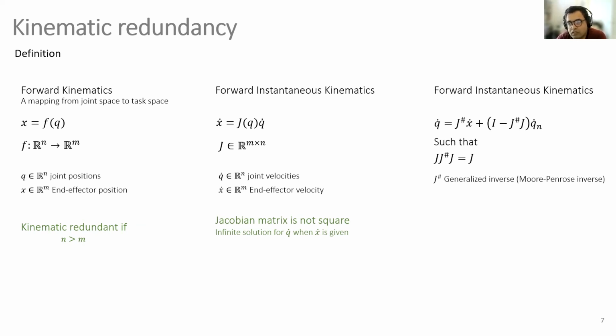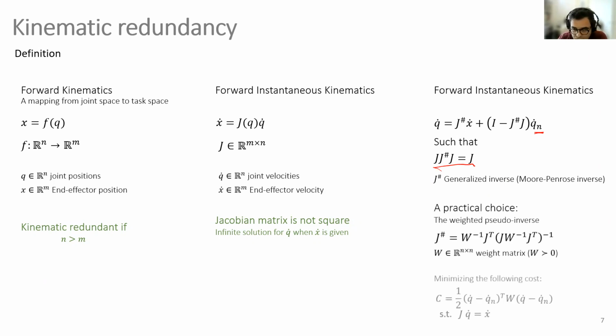We can formulate these infinite solutions using the generalized inverse of the Jacobian, here denoted J pseudo-inverse. Any pseudo-inverse that satisfies this property can be a solution, and we can plug in any null space velocity that we want, and it would not affect the task.